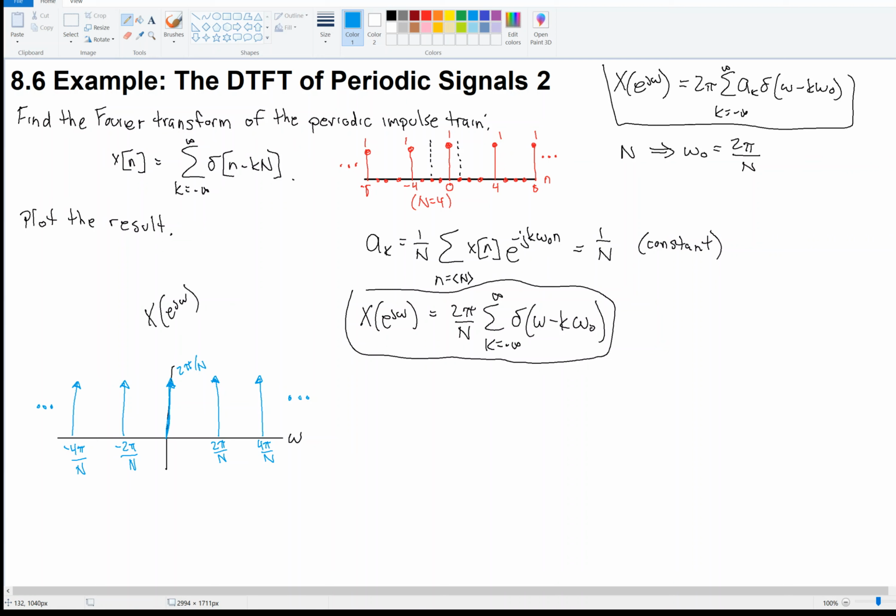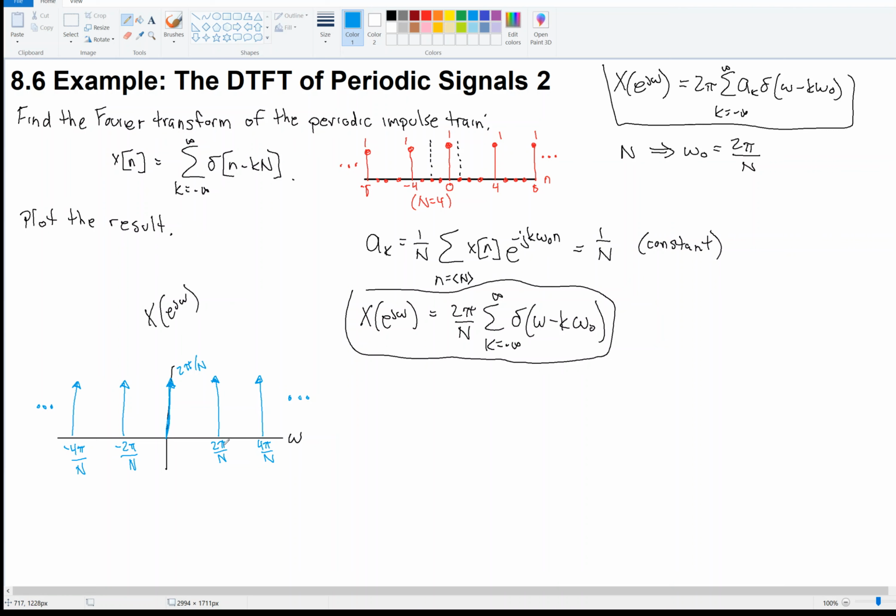Okay, that's the Fourier transform. That's the answer. I do want to point out that this is purely real, and it's purely real because x[n] is even. This is foreshadowing some properties of the Fourier transform, so that it only takes one plot to draw a purely real transform. I also want to point out that this thing is periodic with period 2 pi.